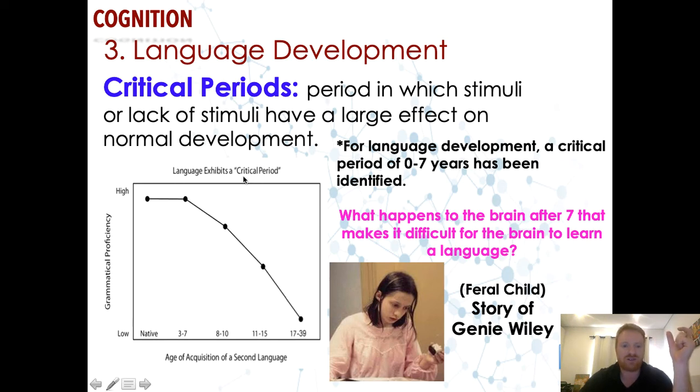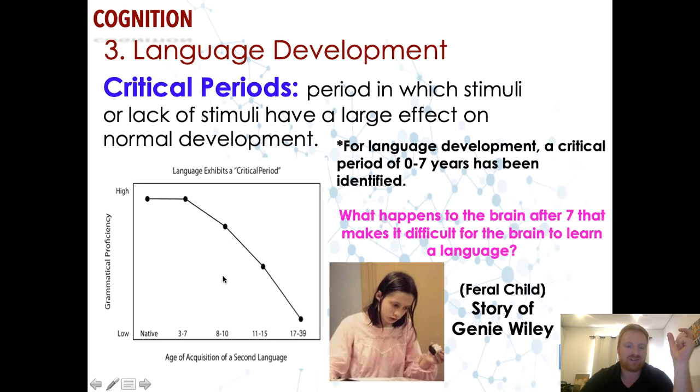So they noticed this with people learning a second language. So acquisition of a second language, this is my independent variable here, right? And my dependent variable is the grammar or the proficiency of the person. So native speakers have a high grammar proficiency. At 3 to 7, we still see people who learn a second language between 3 and 7 years old as also having pretty high proficiency. But after about 7, that's when we see it drops off.